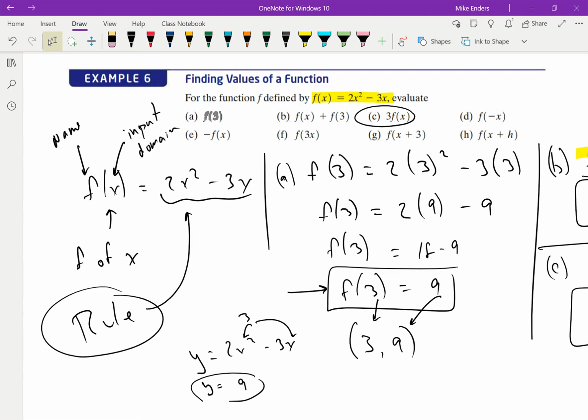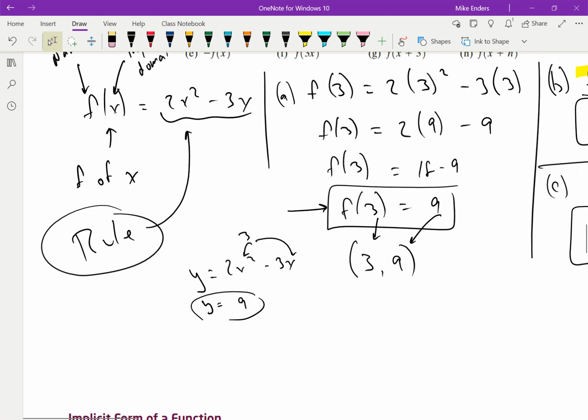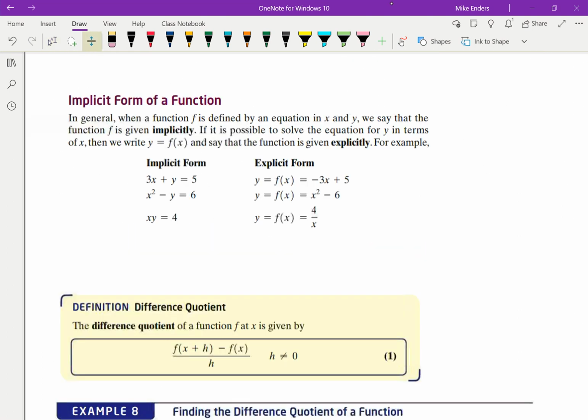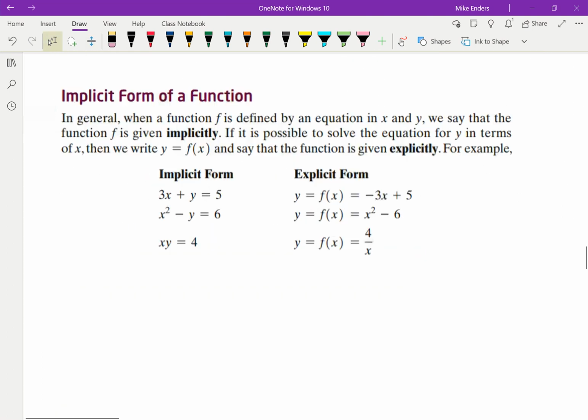And the reason we can do these and they work is that, again, remember the idea of function. For every item that I plug in, I only get one item back. I get exactly one output for every input that I plug in. Now, these functions can take different forms. We can have what's called implicit functions, and we can have explicit functions.